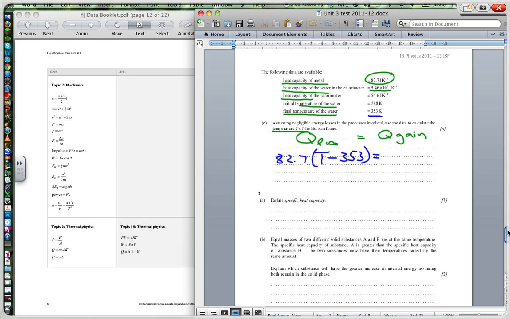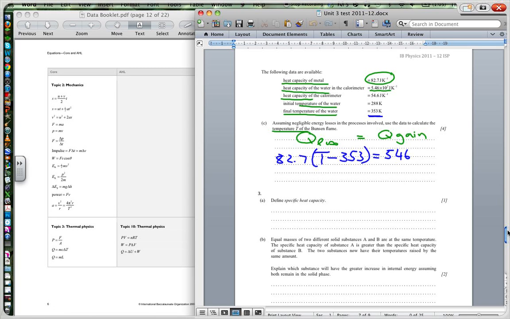Now the gain for the water, we have here that the heat capacity of the water is 5.46 times 10 to the 2, so 546.